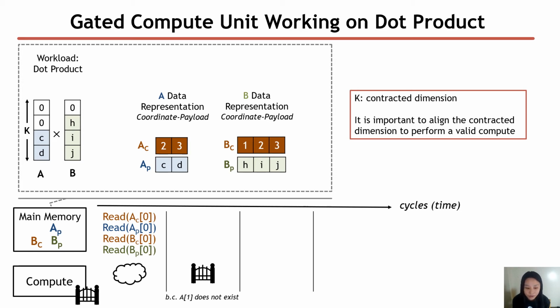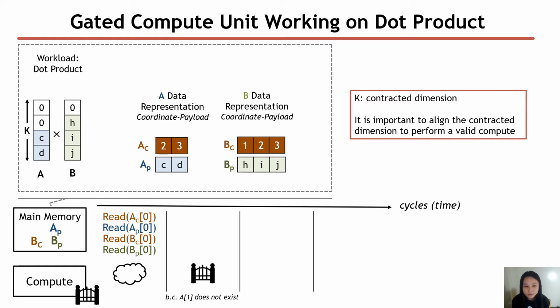And how does it realize it? The process is like this. A, again, with a coordinate of 2 and B with a coordinate of 1 reach the operand alignment unit. As you have seen in the baseline case, the operand alignment unit will send an artificial 0 for the A operand, and the actual payload of B to the compute unit.